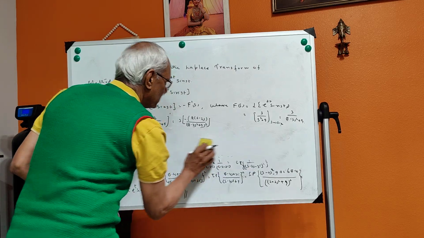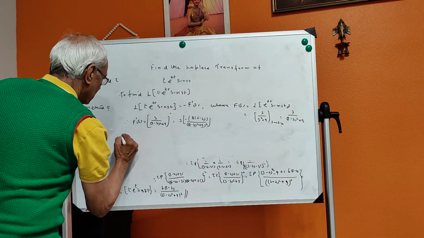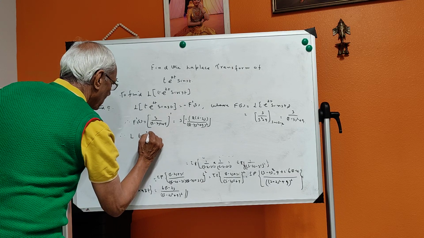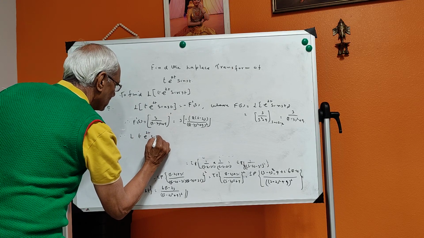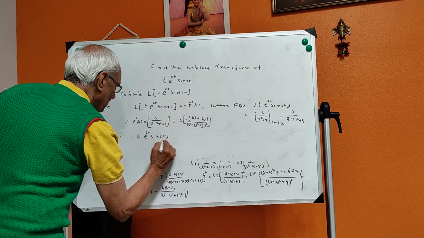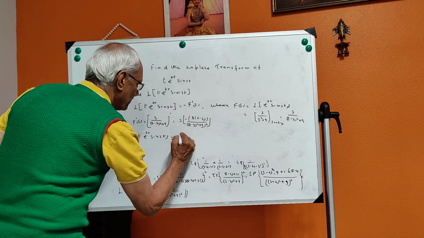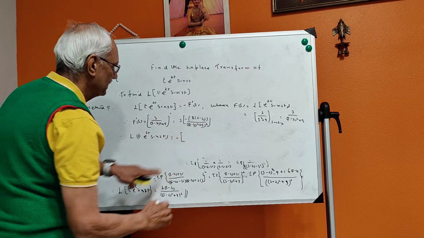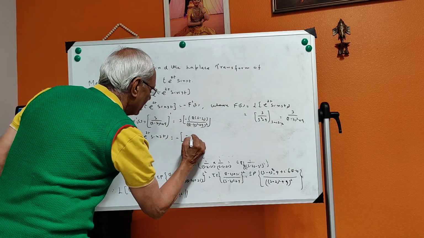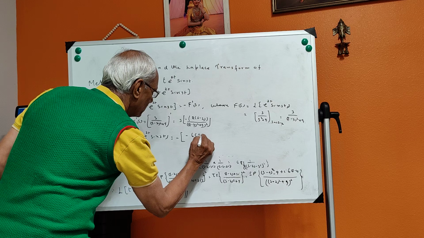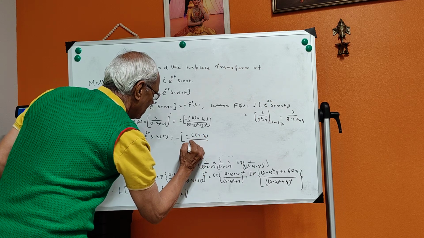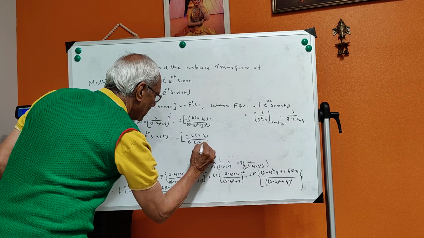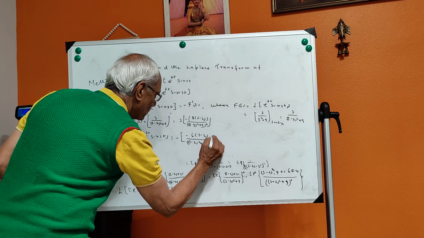Now substitute in this. Therefore L of t into e to the power of 2t sin 3t is equal to minus of the value of f dash of s, it is minus 6 into (s minus 2) divided by (s minus 2) whole square plus 9 whole square.